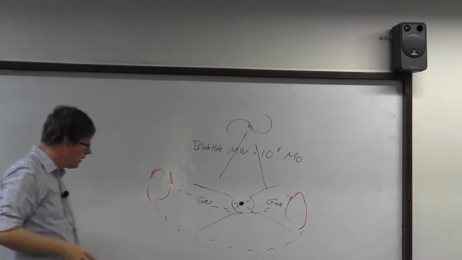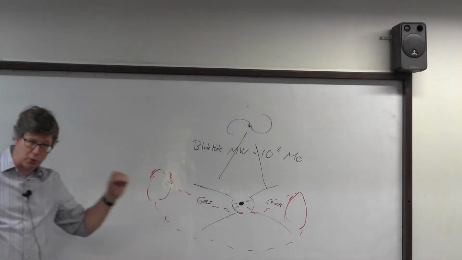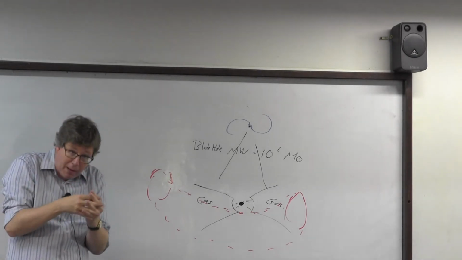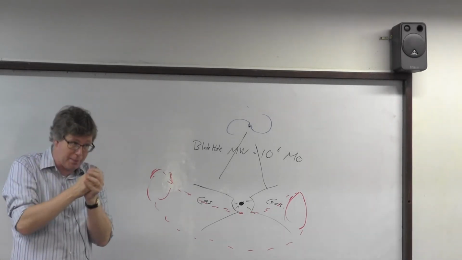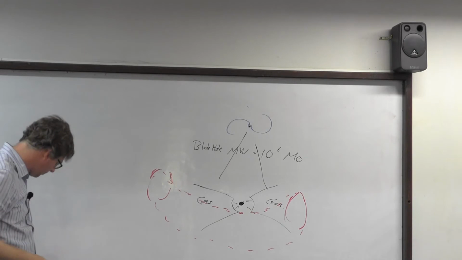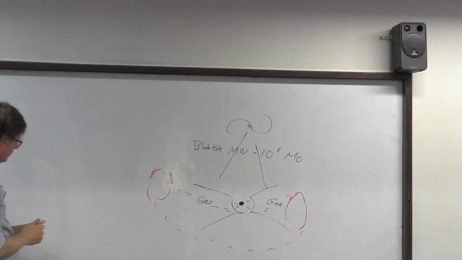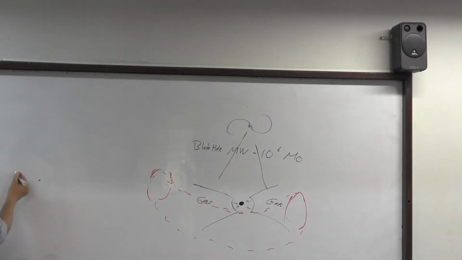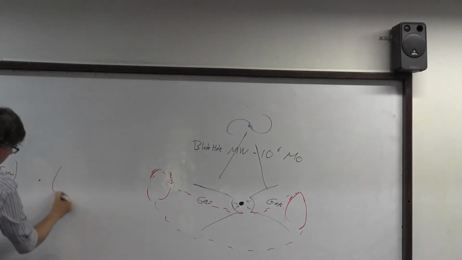And so this is very efficient. If you put a lot of gas into the center and you have a black hole there, it just gets eaten by the black hole and it radiates out again. Now, so if you have your black hole here, you have your torus.